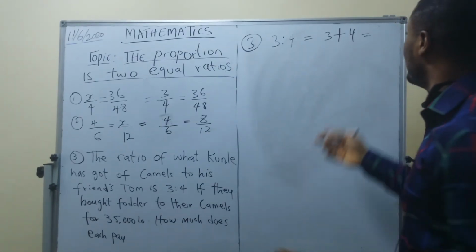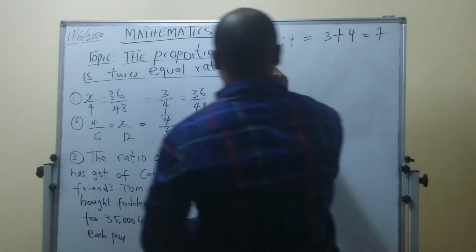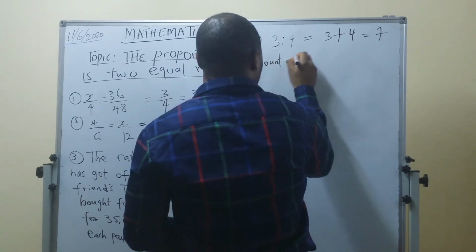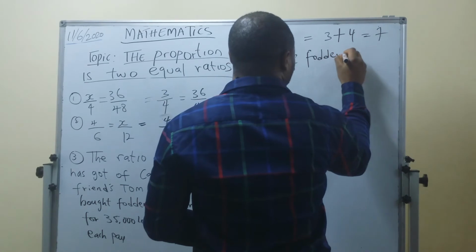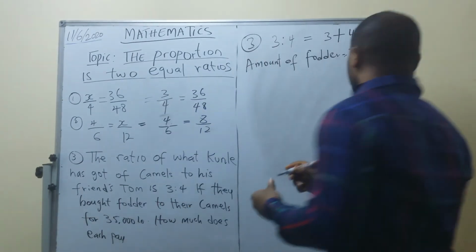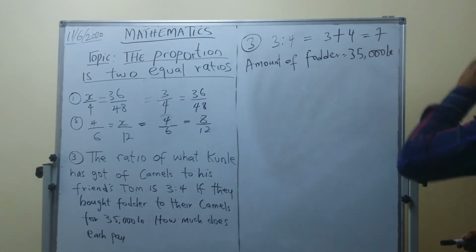What is 3 plus 4? It is 7. The amount for the folder is 35,000 LE. Now, I've gotten the total ratio.